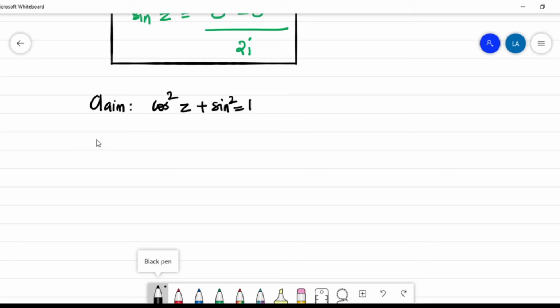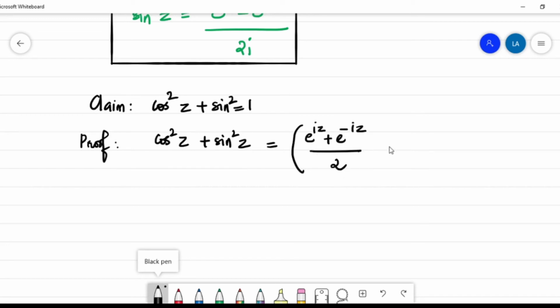This is our claim. So for the proof of the claim, we are taking cos square z plus sin square z in the LHS, and cos z I know to be e raised to iz plus e raised to minus iz by 2, the whole square, plus e raised to iz minus e raised to minus iz divided by 2i, the whole square.